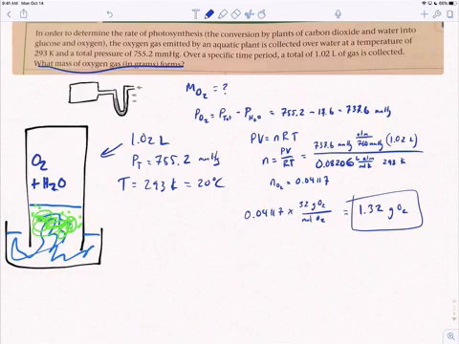So in this mixture, we have oxygen and water. We know the total pressure. We have to figure out the partial pressure of oxygen, which is the total pressure minus the vapor pressure. Then using the ideal gas law, PV equals nRT, solve for n, PV over RT. Put in the pressure times the volume over RT, and we get the number of moles.